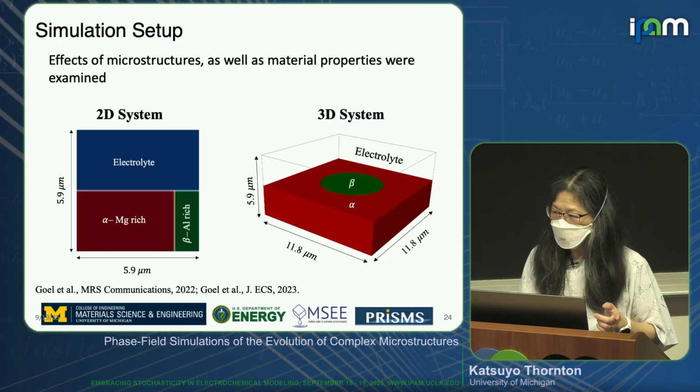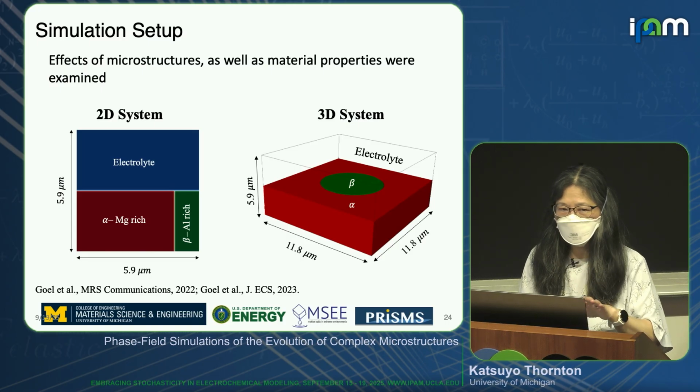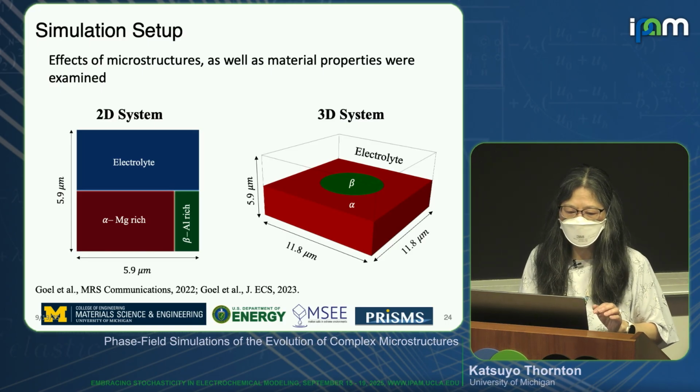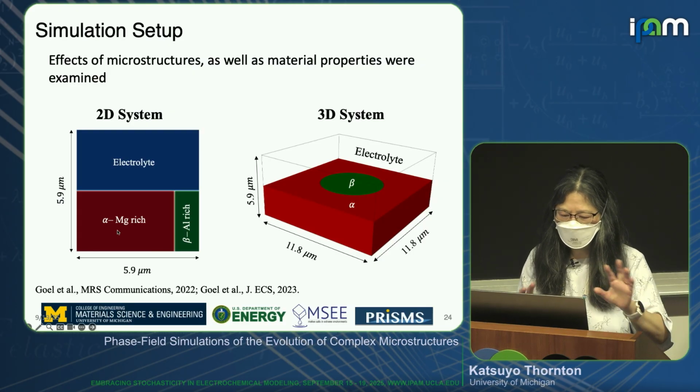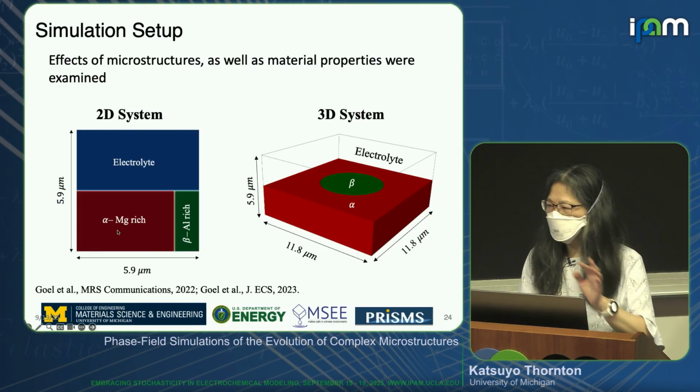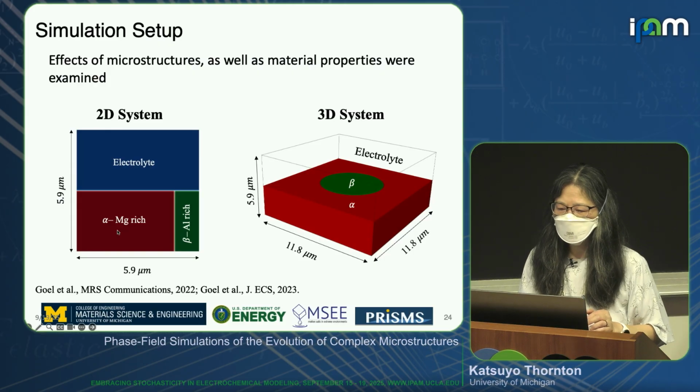And then it has aluminum, 9% I think, and 1% zinc. So there's a more aluminum-rich phase, and a magnesium-rich phase. They both have magnesium, but they're two phases with different compositions.